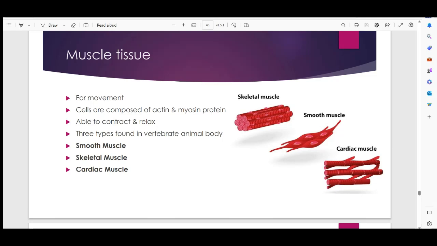There's a special name for these two types. Do you remember the name? Actin and myosin are mentioned in that chart, and there's a specific protein name. Do you remember what we mentioned about actin and myosin?